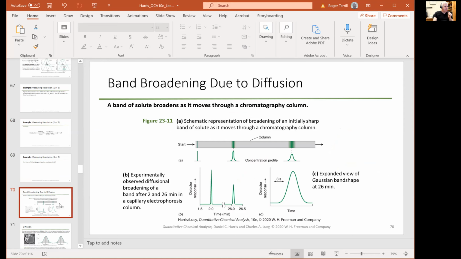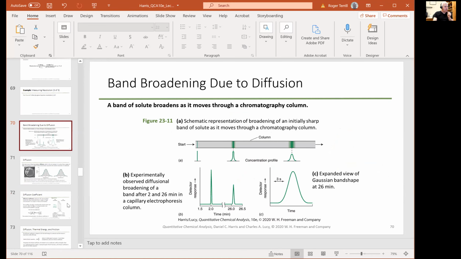So this is the last topic that we'll discuss in chromatography in general. And it's fairly straightforward. It just has to do with the idea that as solutes travel through a column, they spread, right? From the start of an injection, in theory you could have a fairly compact band.